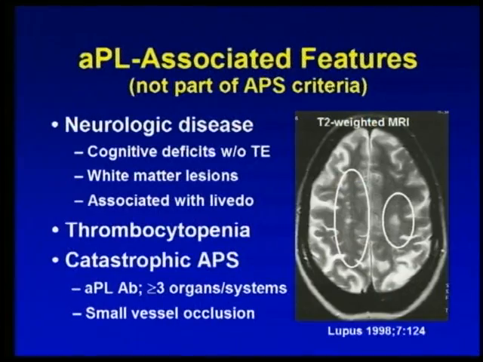The patient that I presented with the catastrophic complications after surgery may have what we call catastrophic antiphospholipid syndrome, a very interesting and often devastating disorder in which there are greater than or equal to 3 organs or systems involved in patients with antiphospholipid antibodies, usually with underlying systemic lupus, and histologically also have small vessel occlusion, and in this case, again, not due to DIC or TTP or any of those other disorders I mentioned earlier.